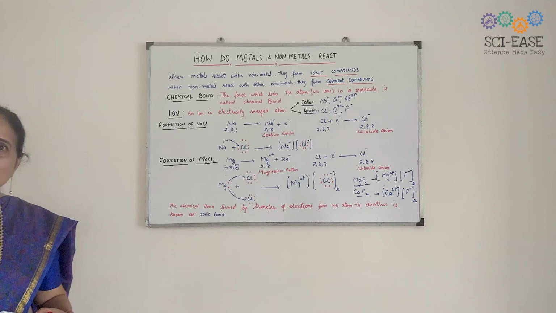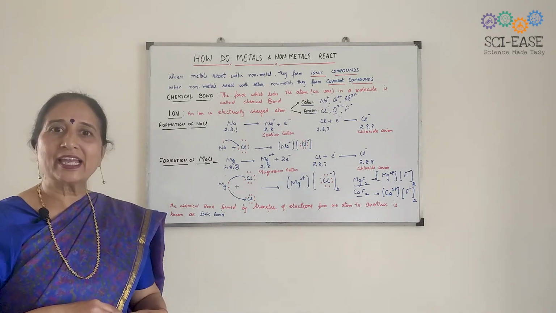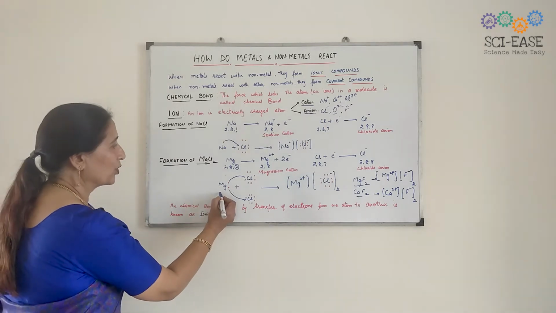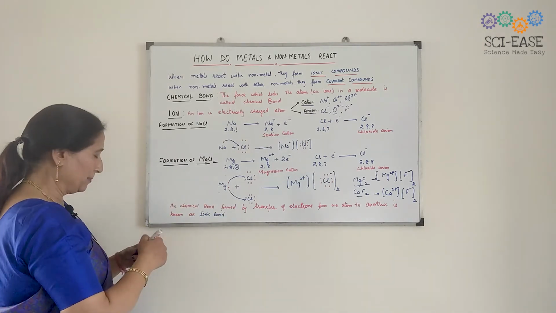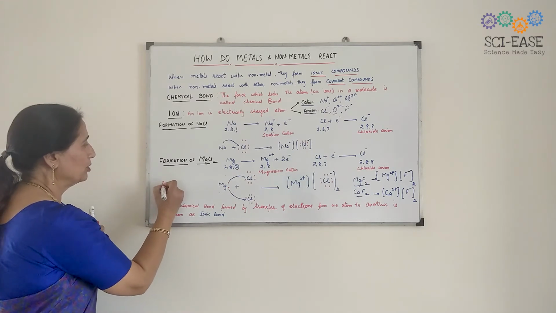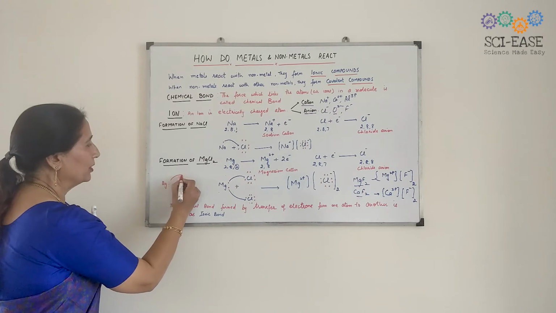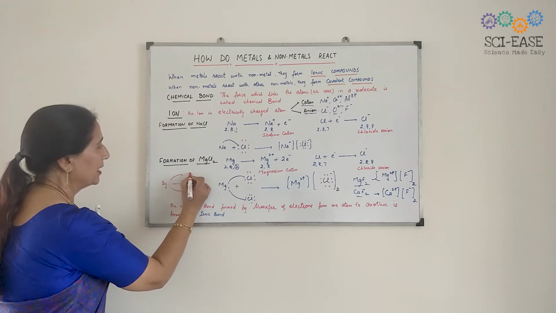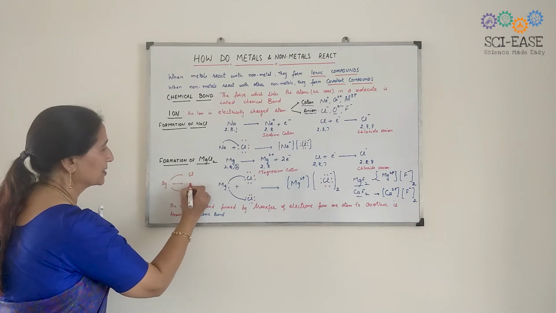You can take the case of aluminium. In case of aluminium, we have 3 outermost electrons. So those will go to 3 chlorine atoms.